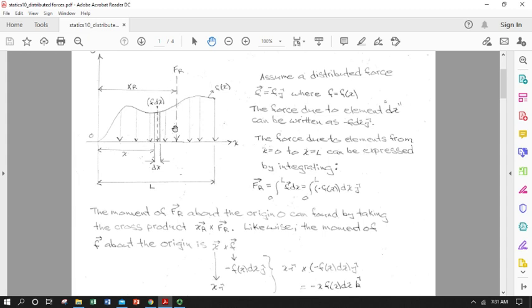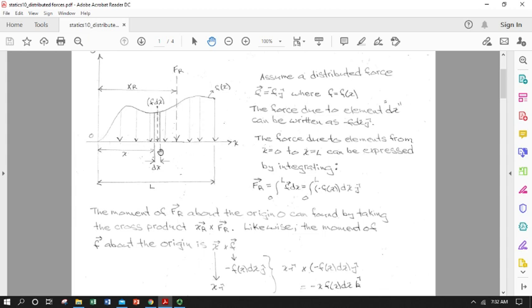So we're going to go back to that concept of equipollent force systems. This single resultant force vector placed at x sub r is going to be equipollent or equivalent to this whole distributed crazy load in terms of having the same effect with respect to force and moment on the entire rigid body.